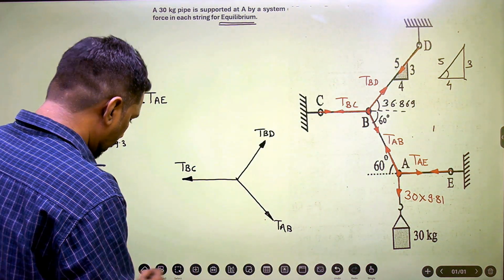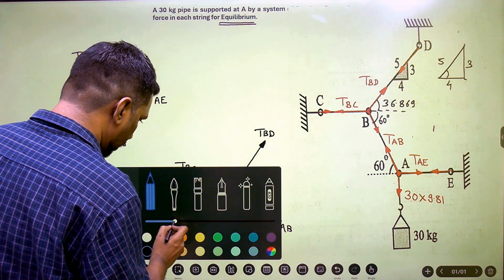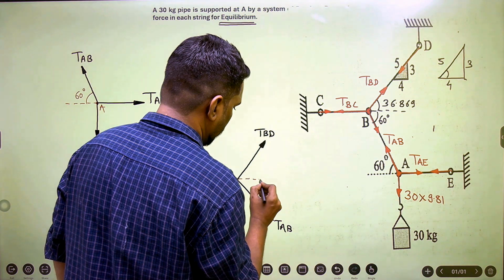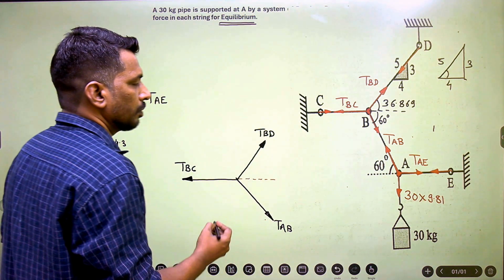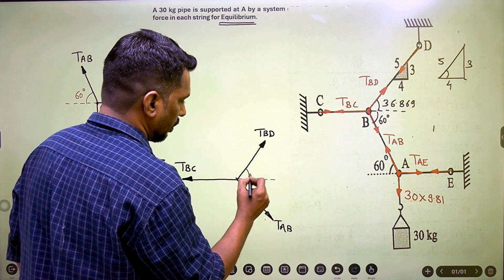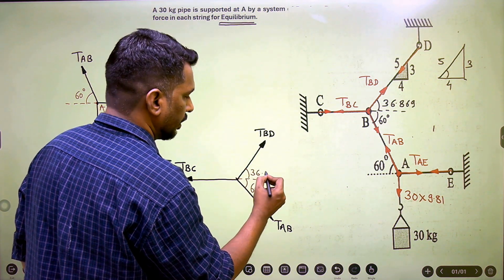So now here I'll mention the same angles. So this is 60, so this is 36.869.